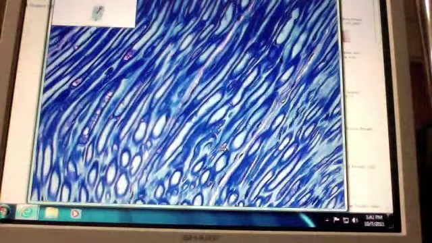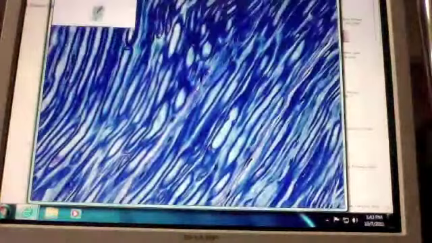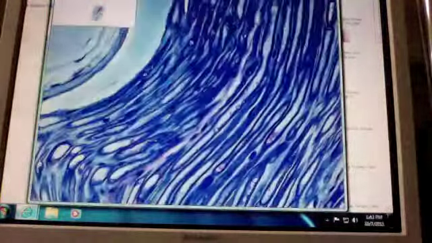Now, we said that you should not confuse those nodes of Ranvier with the clefts of Schmidt-Lantermann, which are the little V-shaped clefts that we tend to see in a lot of places. Of course, when we start looking for them, we can't find them, and when you don't want them, they're all over the place.